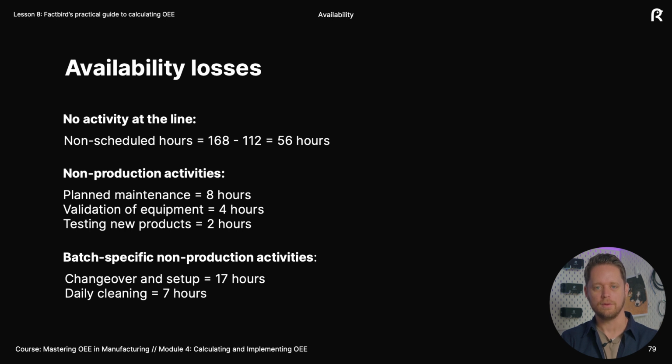Now, let's look at the non-production activities. Here we have 3 stop categories. First, planned maintenance equals 8 hours. Second, validation of equipment equals 4 hours. And third, testing new product, which equals 2 hours. Our final group of availability losses we'll look at are batch-specific non-production activities. Here we have 24 hours worth of downtime.